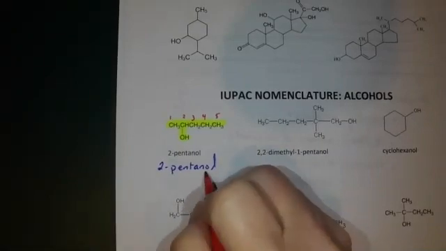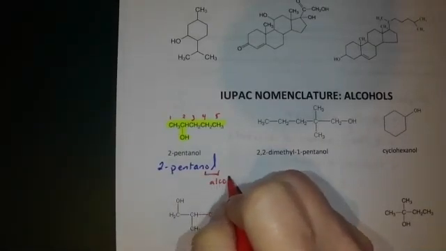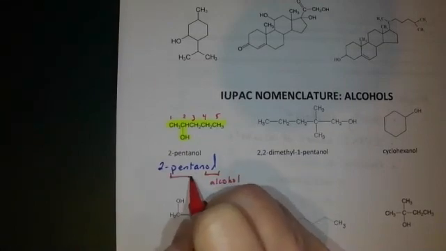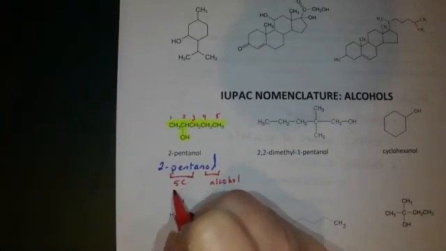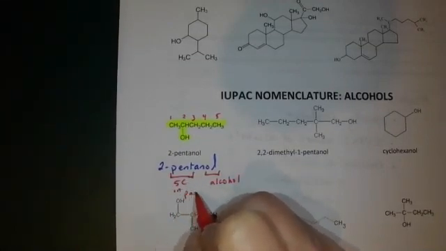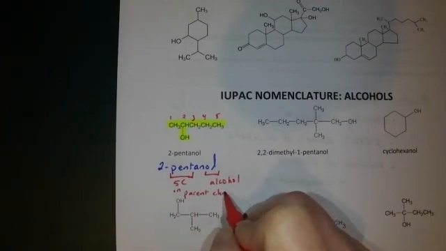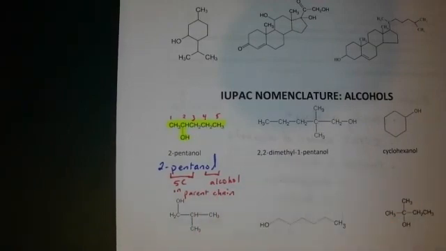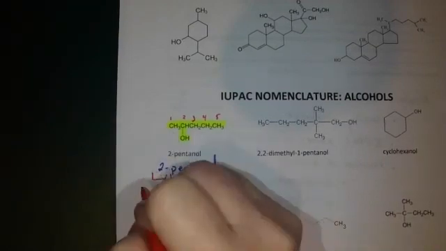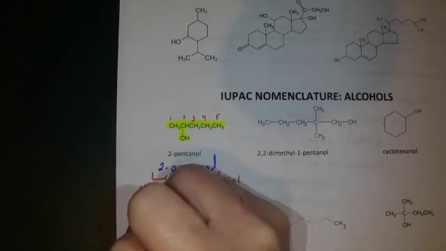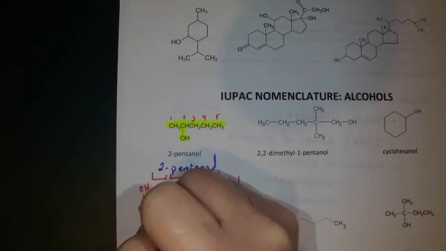The OL tells us that it's an alcohol. The pent tells us that there are 5 carbons in the parent chain. Remember, the parent chain is the longest continuous chain of carbons. And then the 2 tells us that the OH is attached to carbon 2.